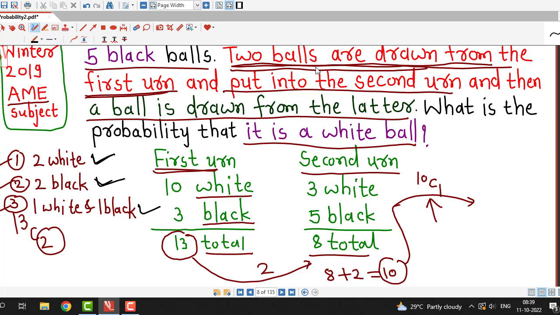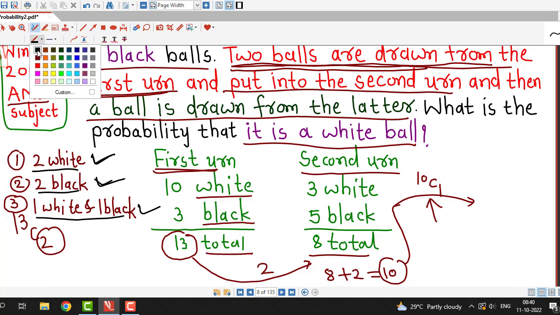We have to select two balls from the first urn, so when we select two white balls, we will not consider the other two possibilities. In short, these three events are disjoint, or mutually exclusive. They cannot occur at the same time. Either we select two white balls, or two black balls, or one white and one black ball. So I can simply say there are three mutually exclusive ways in which this event, two balls drawn from the first urn, can happen.